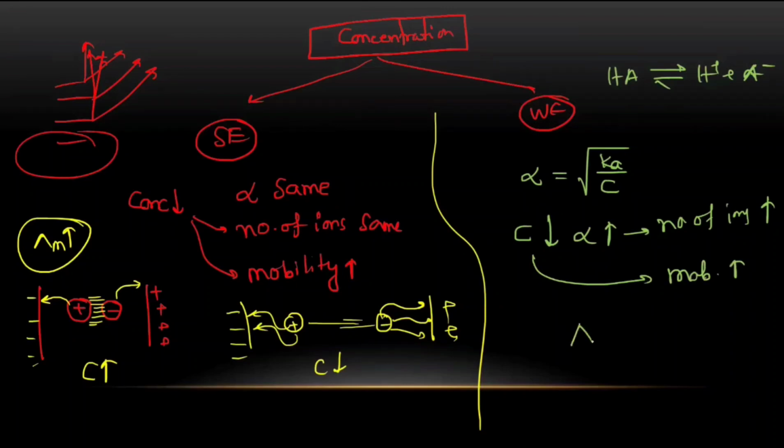So overall, the increment in lambda m is much more prominent for a weak electrolyte than for a strong electrolyte.